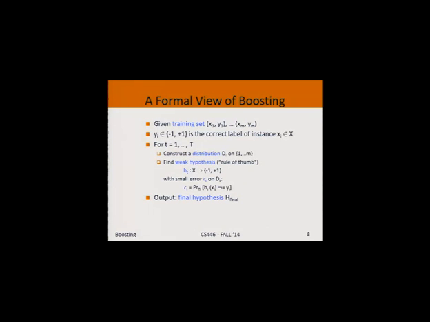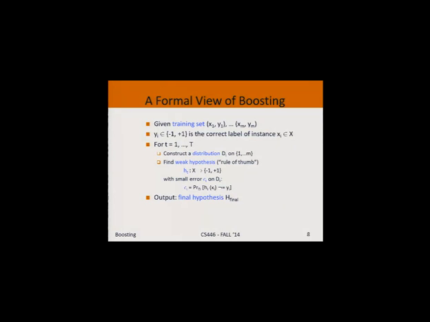We're going to run T rounds. In each round, we're going to construct a distribution over the data set. We're going to denote it Dt. We're going to find a weak hypothesis that we're going to denote ht. And this weak hypothesis is going to have error epsilon t on this distribution.